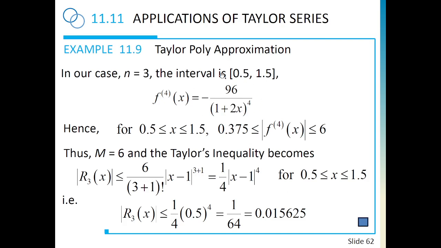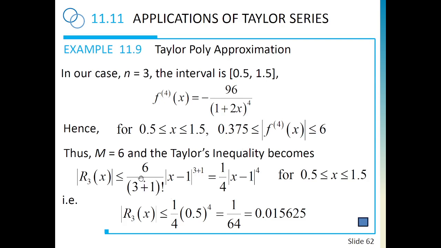The fourth derivative we computed gives this. On the interval [0.5, 1.5], the fourth derivative is squeezed between 0.375 and 6. So the upper bound for the fourth derivative on this interval is actually 6.